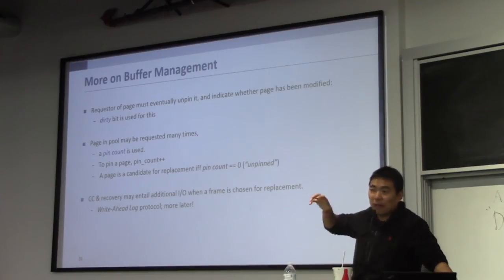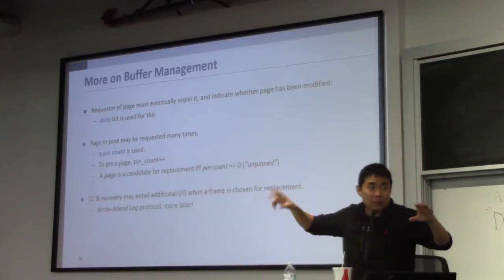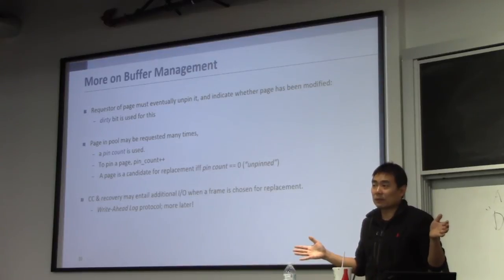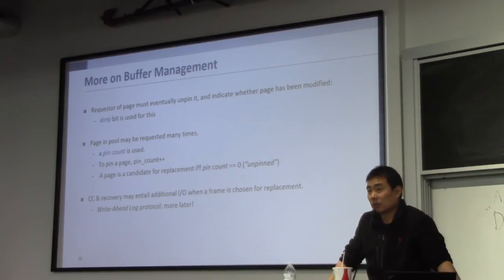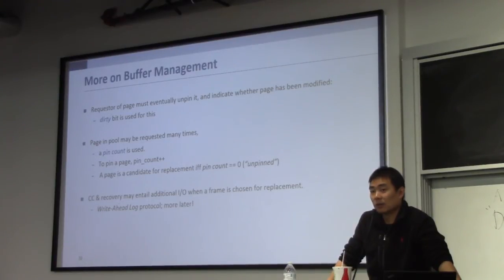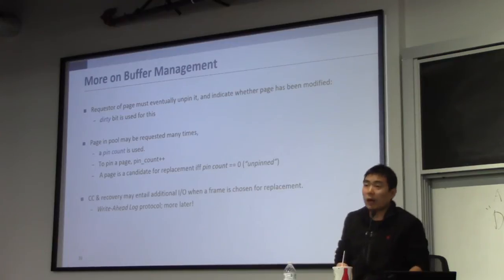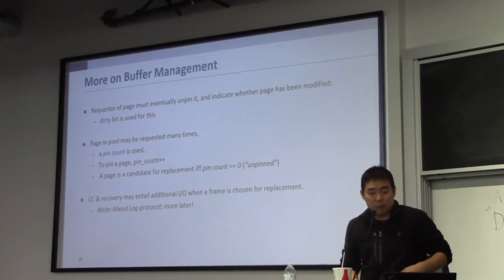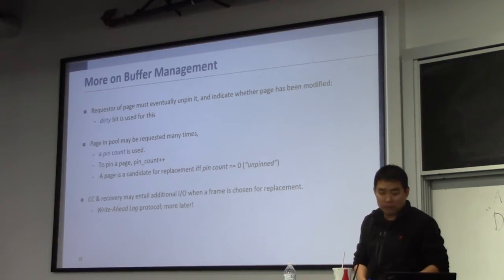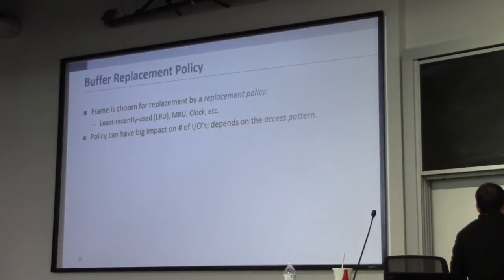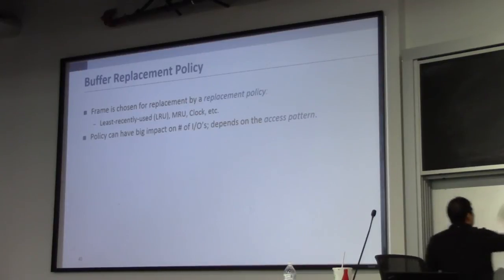You go all the way to fetch the page, but there's no available frame in the buffer. Does that make sense? What do you do in this case? Well, this brings up the interesting problem of buffer replacement. So let me illustrate this using a very simple example.